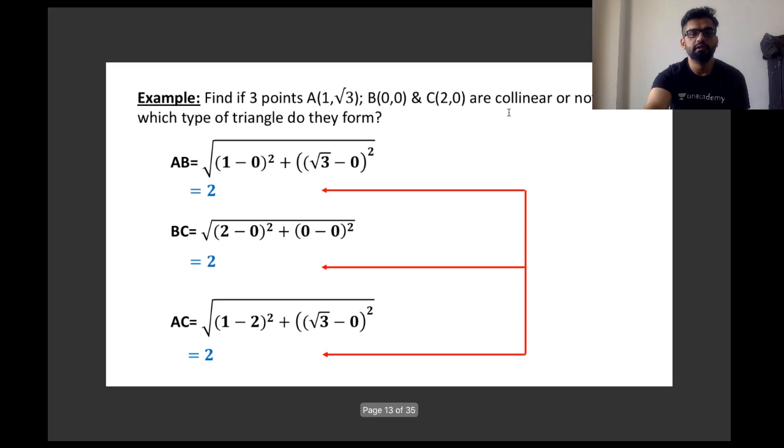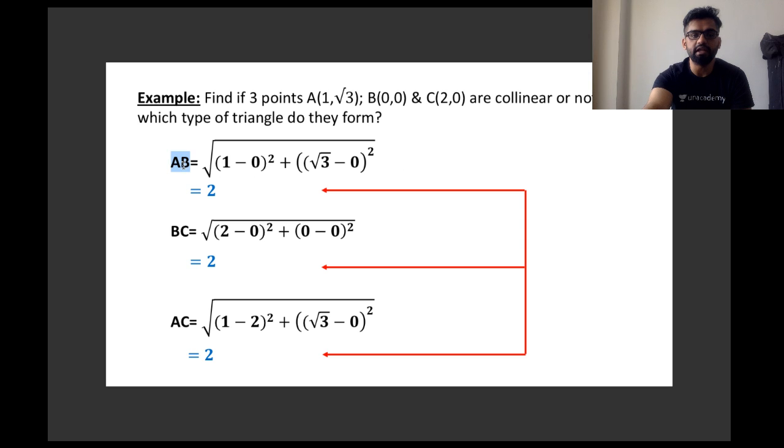Let's do an example. Find if 3 points A (1, root 3), B (0, 0) and C (2, 0) are collinear or not. If not, which type of triangle do they form? To find out the collinearity, what do we do? We find out the distances AB, then BC, then AC. We see if the sum of any two distances is equal to the third distance.